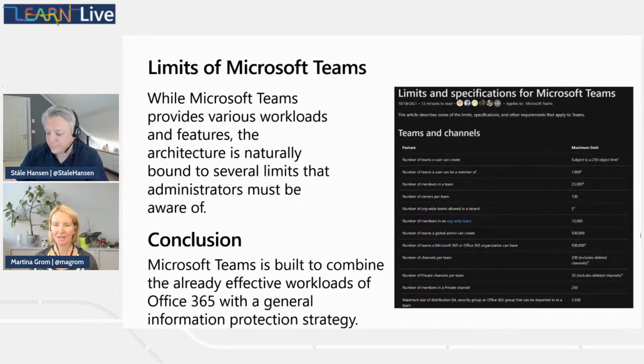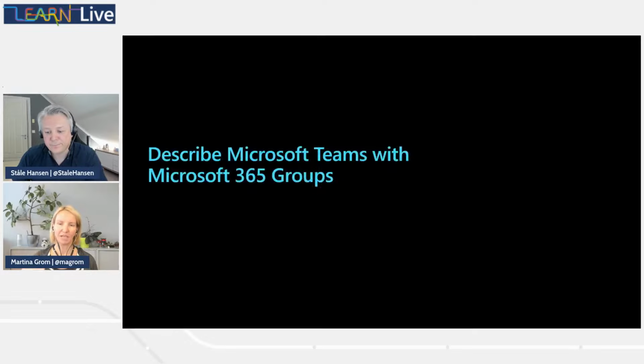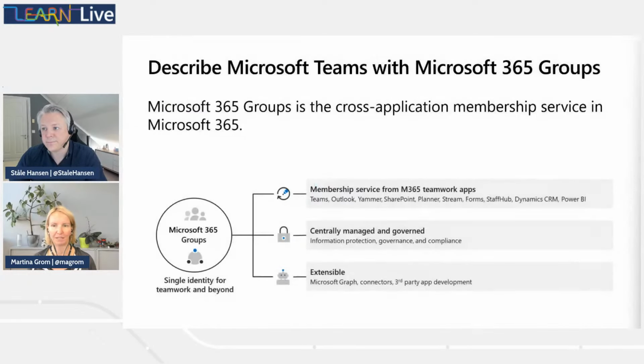That's true. And we look now at Microsoft 365 groups, because this is really important, and to understand it also from an architectural perspective. So think of Microsoft 365 groups as the cross-application membership service in Microsoft 365.